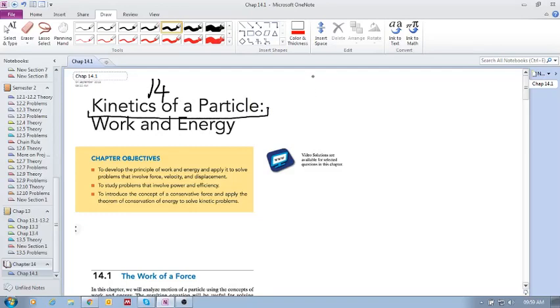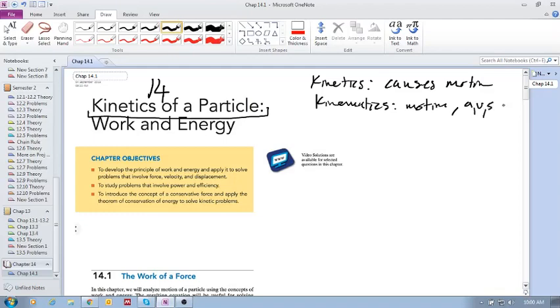Remember, with kinetics we are looking at what causes the motion, and kinematics is the motion, meaning we're looking at acceleration, velocity, displacement, position.